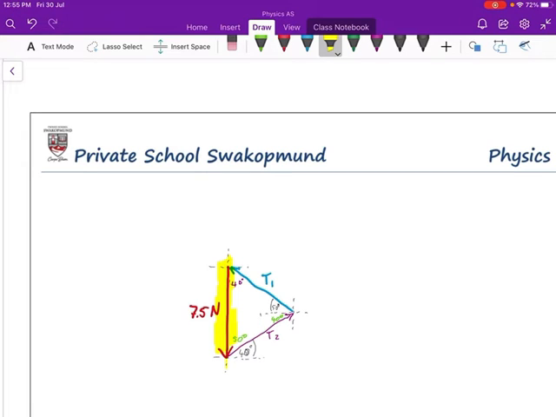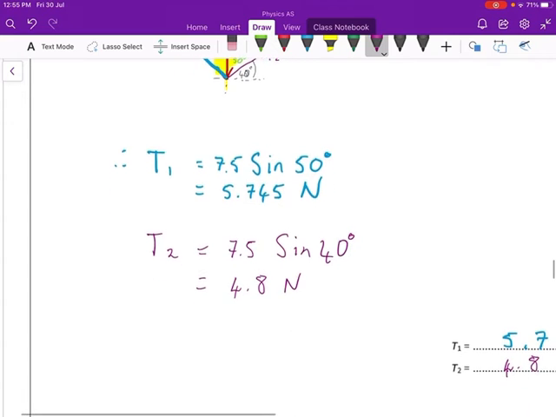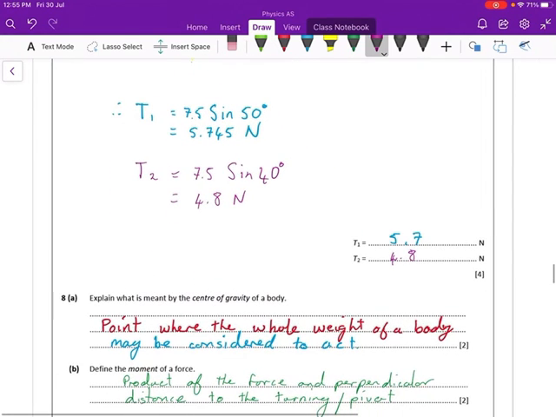So T1 can't go any direction other than up at 50 degrees to the horizontal. Even if you did the parallelogram method, you would have something like that, T1 and your purple one, T2. So even if you did that method, your T1 and your T2 will still be in the correct orientation, and weight being down. All right. So doing that, you see you get a 90-degree triangle. You can do the calculation, show the calculation, and you score your marks in there.